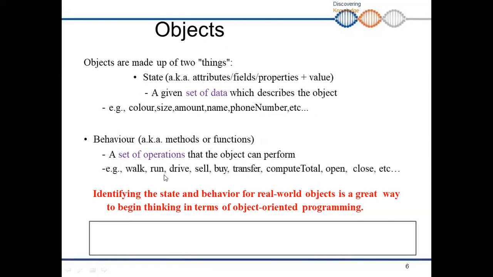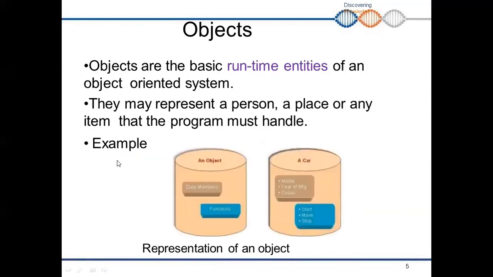Walk and run can be methods of a person class. Sell or buy can be for shopping. So you can add data members and member functions as per your requirement.